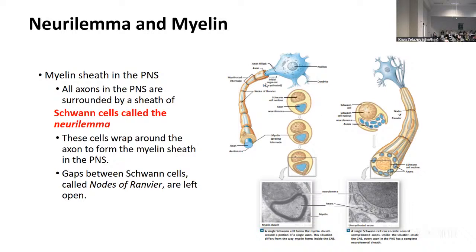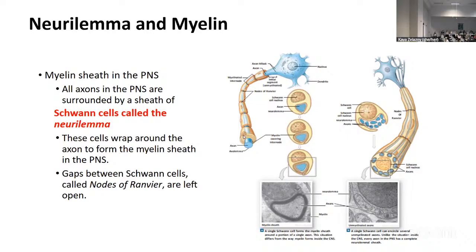But if we were to specify whether our neuron is in the central nervous system versus our peripheral nervous system, we see slight differences in where that myelin is coming from. Here we're looking at what myelin looks like in the peripheral nervous system. If you see a picture of a myelin sheath, it's probably showing you a picture of a peripheral nervous system nerve. Here we see that the structure around these nerves has almost a kind of bead look to it.